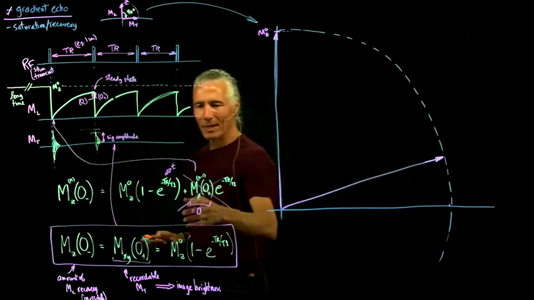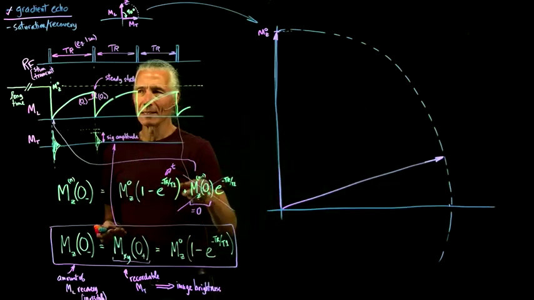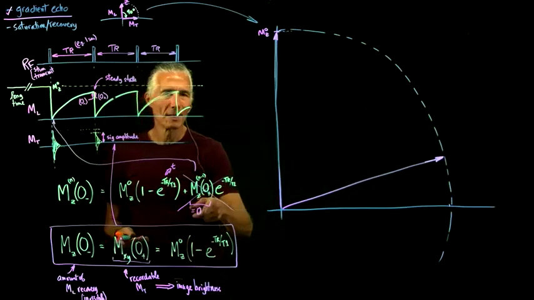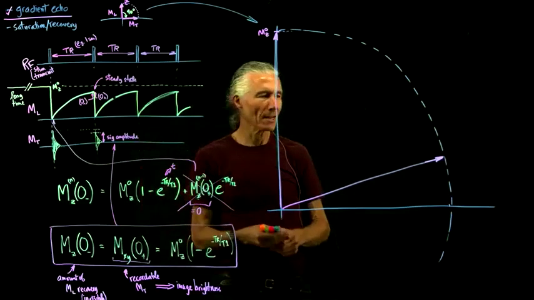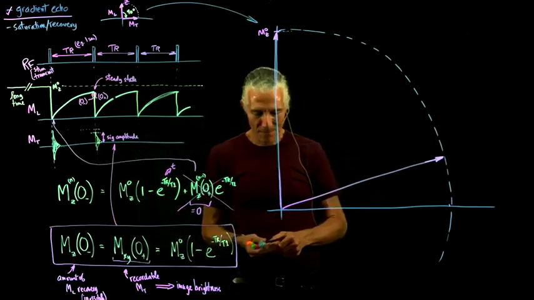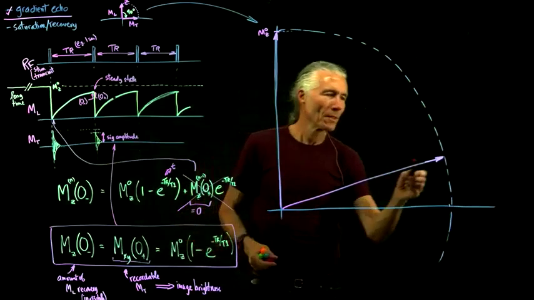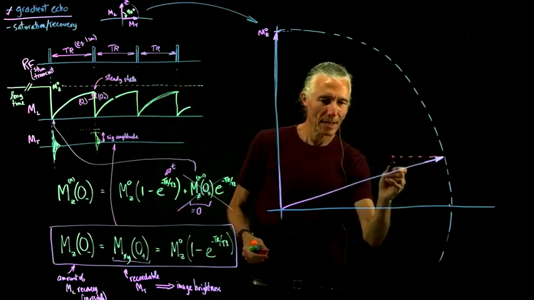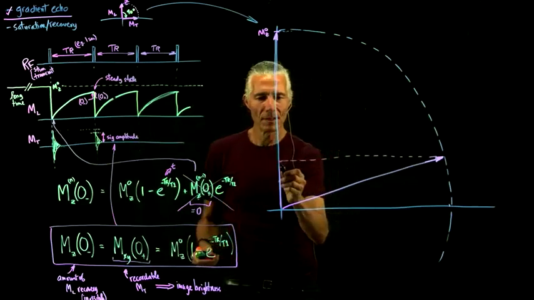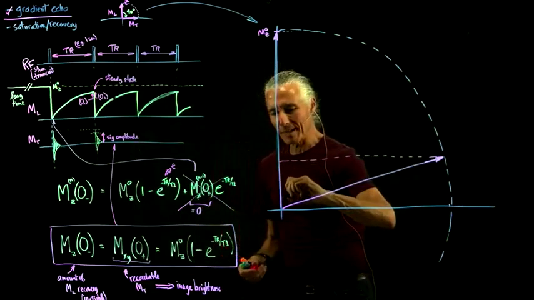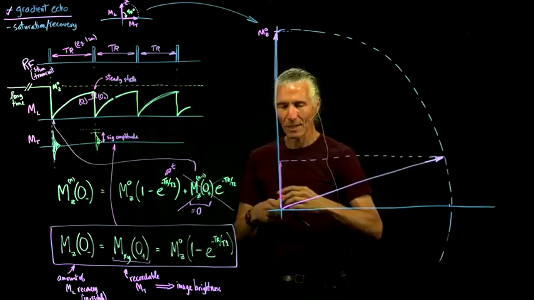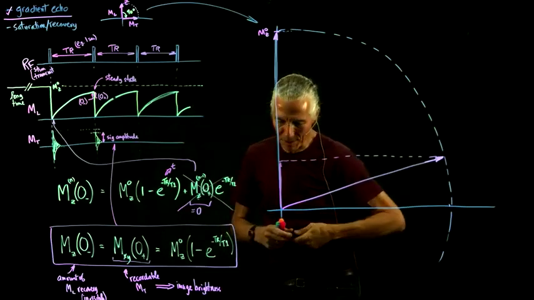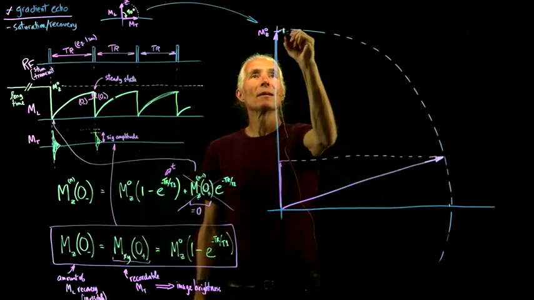So now let's see what happens. In this very simple case, we could throw out this initial condition, because we said it was just 0 because we went to 90. But now let's look at what happens. Now we're going to have this amount of transverse magnetization left. And so let's label the time points. So here's time point 1.